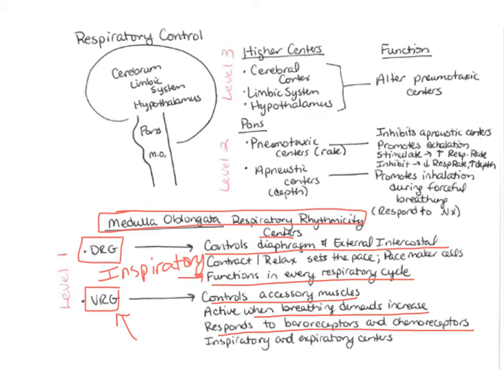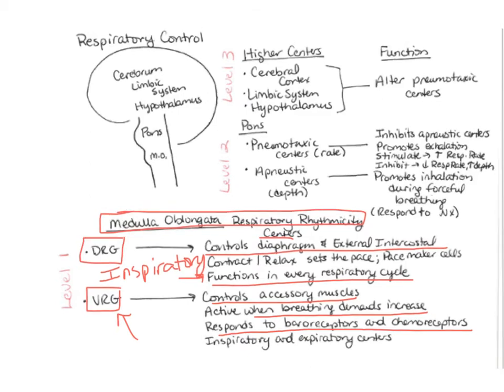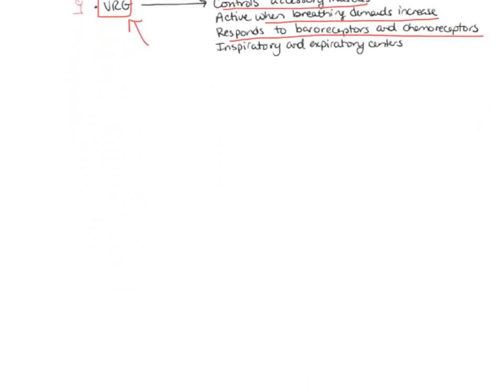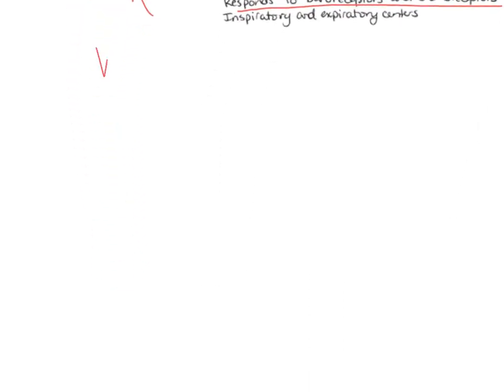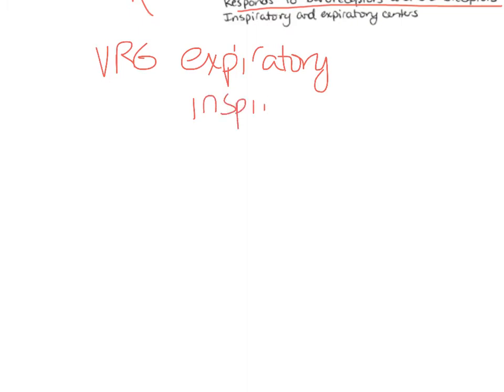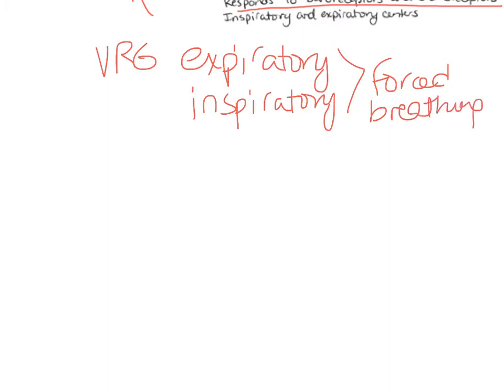Because the VRG has both an expiratory and an inspiratory center, and again, this is only during forced breathing, you're not going to be able to have both of those centers stimulated at the same time.